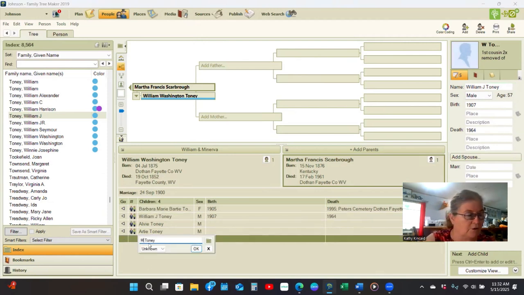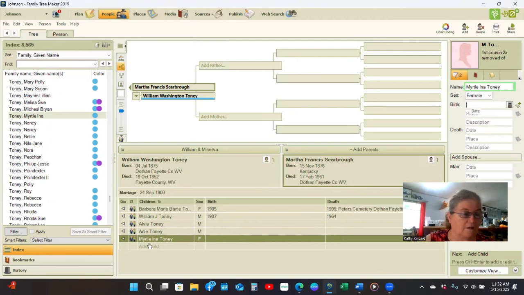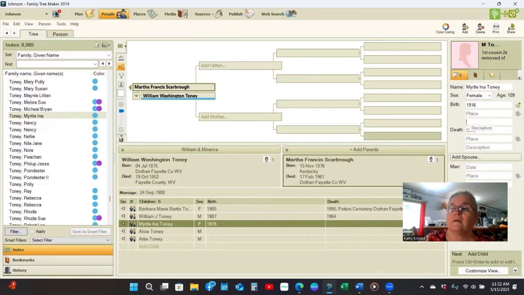And then she had a Myrtle Ina Tony, who was born in 1916 and died in 1998, and is also buried in the Peters Cemetery.